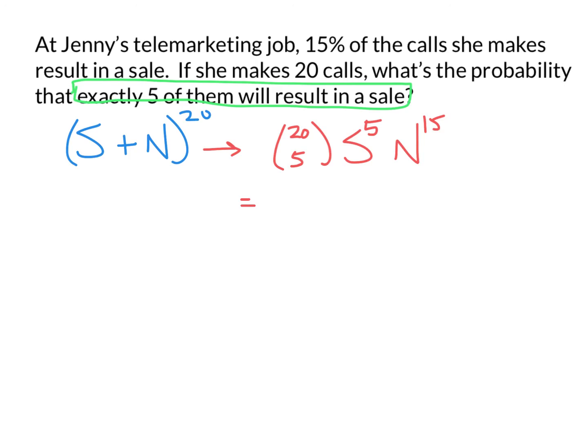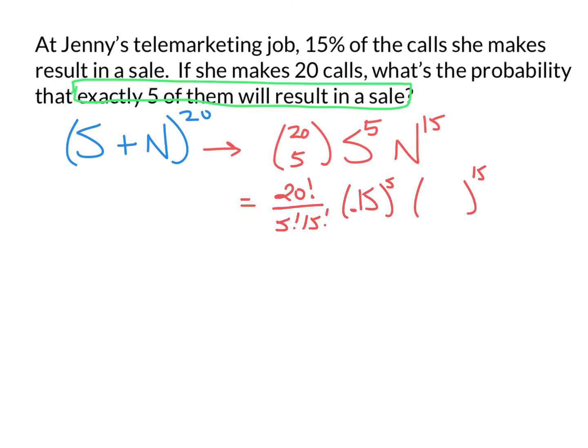So to calculate this, we're going to use 20 factorial over 5 factorial and 15 factorial. Our sales to the 5th and our not sales to the 15th. Now, we're told that 15% of the calls she makes will result in a sale. So for our sales probability, that's where we'll put in 0.15.